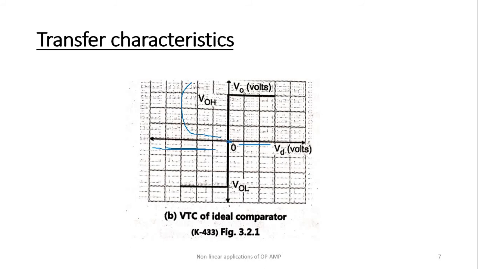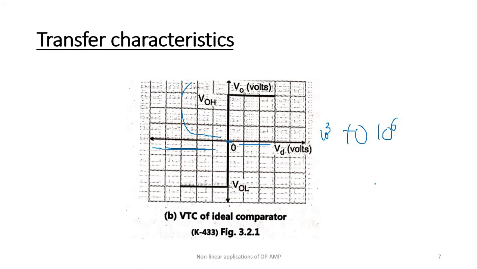A practical comparator cannot have infinite gain. Hence, it can only approximate the ideal voltage transfer characteristic in this figure. The voltage gain of practical comparators is typically in the range of 10 raised to 3 to 10 raised to 6.